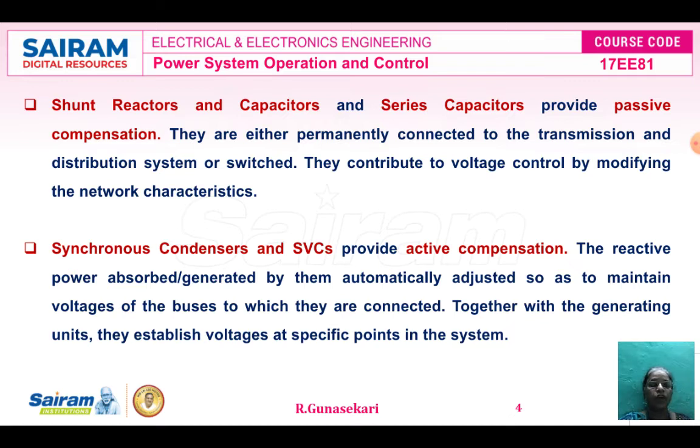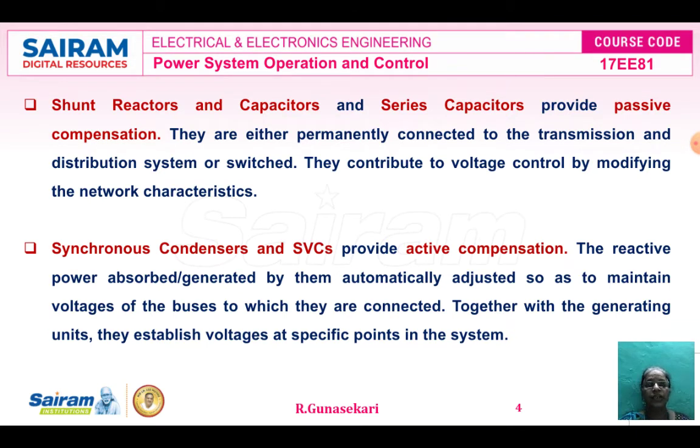The reactive power absorbed or generated by the synchronous condenser or the static volt ampere reactive compensator is automatically adjusted to maintain the voltages of the buses to which they are connected in the power system.